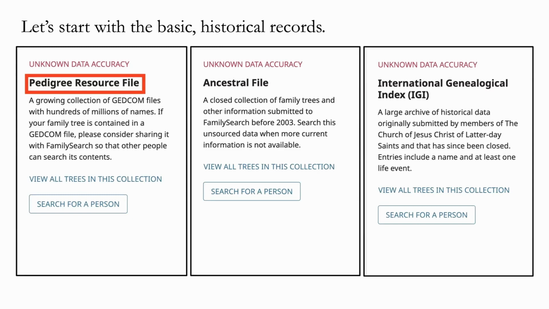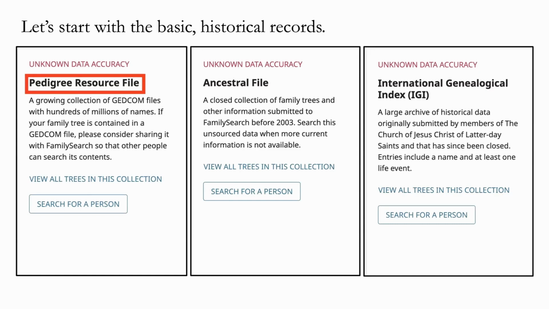Well, if that's the case, then what's likely there is information that was in one of these three files. And kind of to give you a preview, the ancestral file and the IGI also were two of the five files that went into the original creation of the FamilySearch family tree.